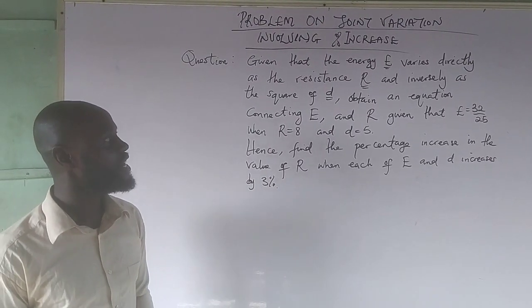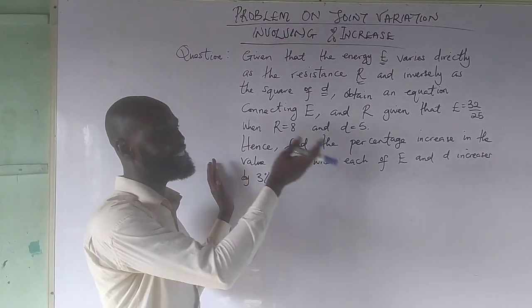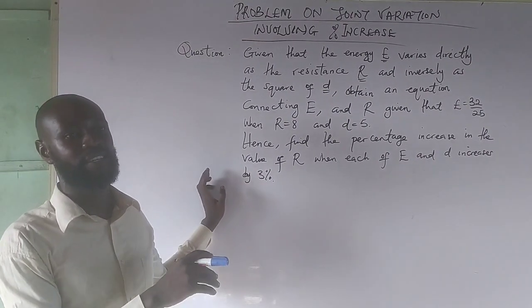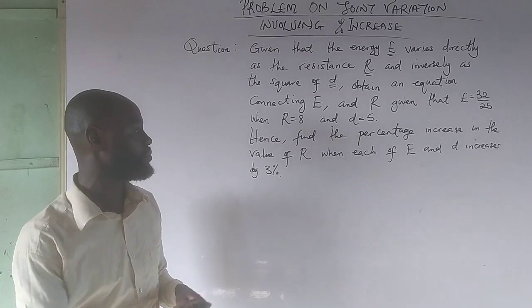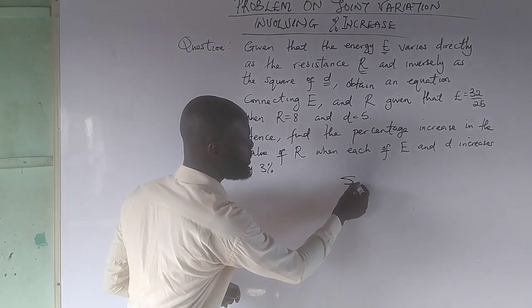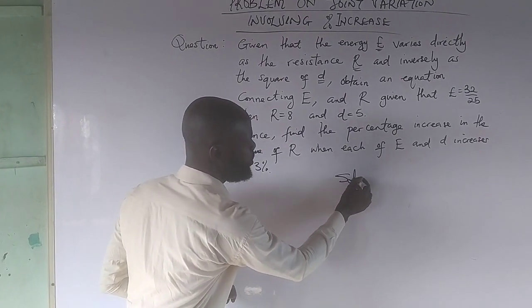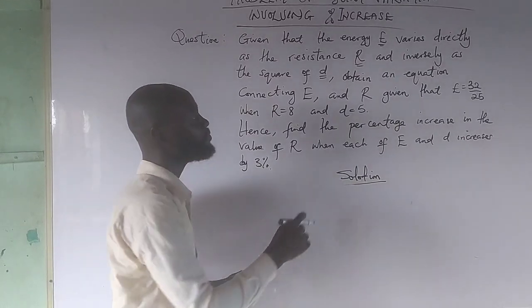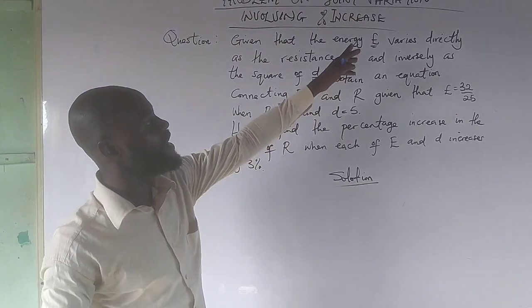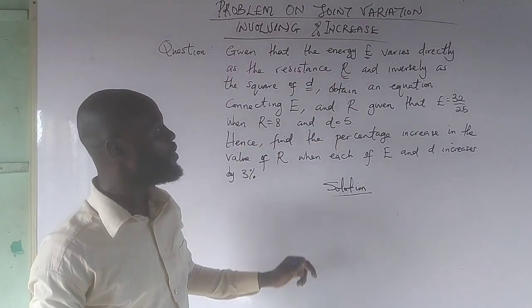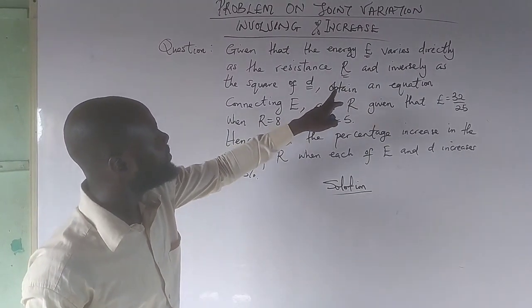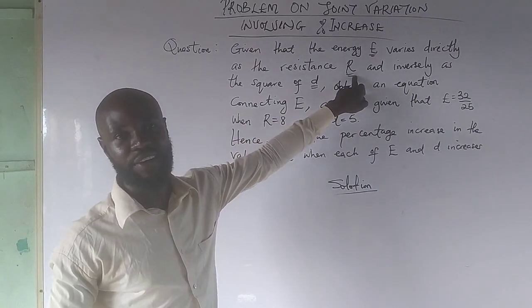So let's first of all interpret this statement using the sign of variation or proportionality. So this question can be solved as follows. Solution. We have the quantity E which varies directly as the resistance.